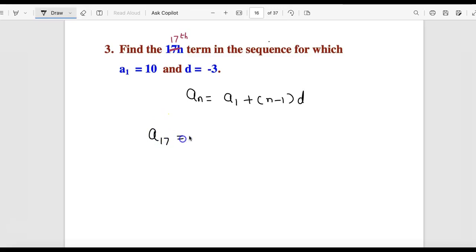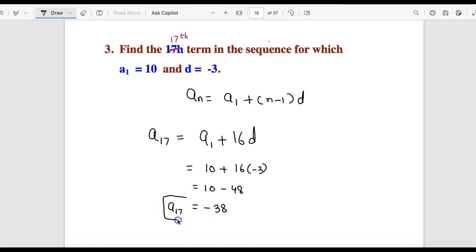So you already know the 17th term means your first term plus 16 times d. So what is your first term? The question has already given you 10, and the common difference as negative 3. So this will be 10 minus 16 times 3, which is 48. So your answer is negative 38. This is your 17th term of the arithmetic sequence, which we were not provided. Okay, that's your answer.